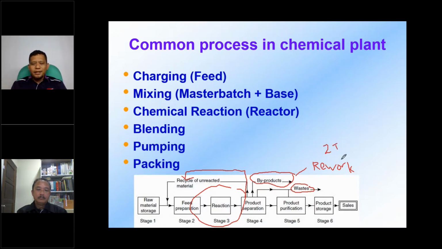It means you have to do more process. It's more waste, less efficient, right? This happens when you have a bigger reactor. If you have a smaller reactor, the process is almost 99% yield, producing 99% good product, with only less than 1% maybe going to byproduct and waste. That can improve your efficiency. Of course, some of the not good will become waste. So this is something that will make your chemical plant less efficient.